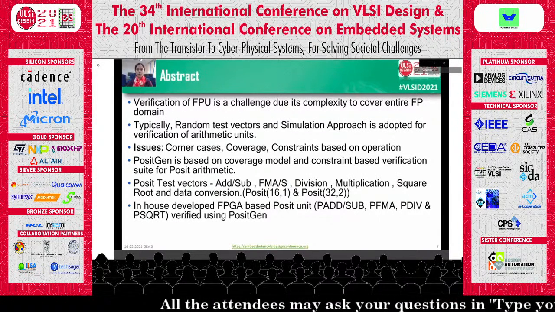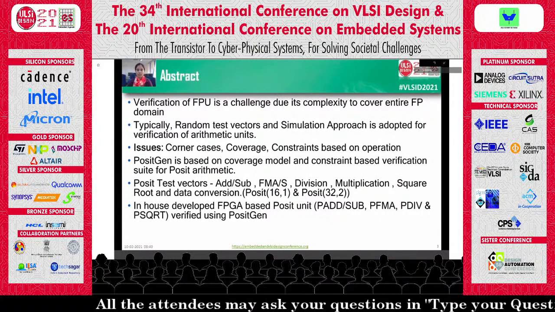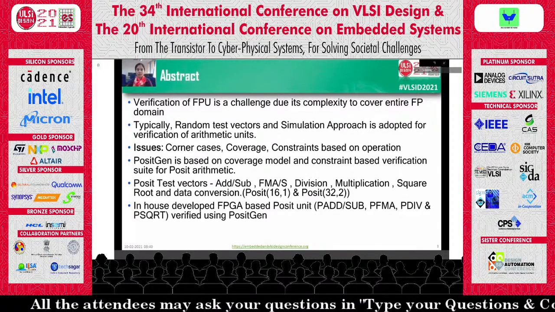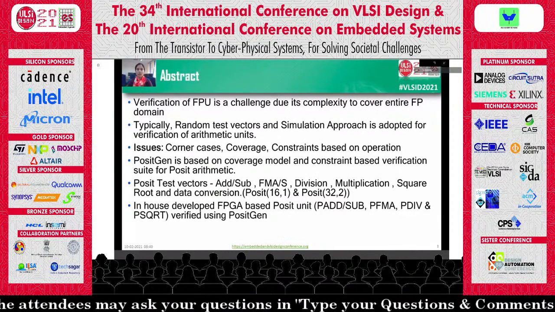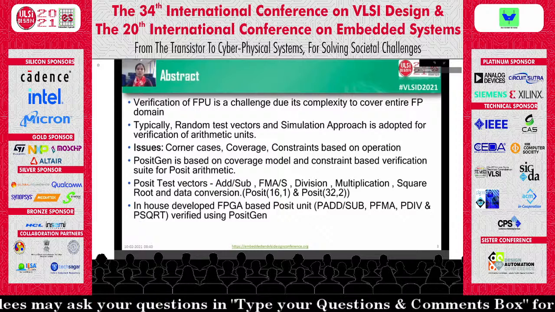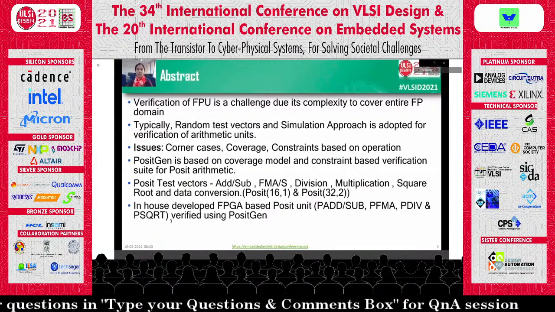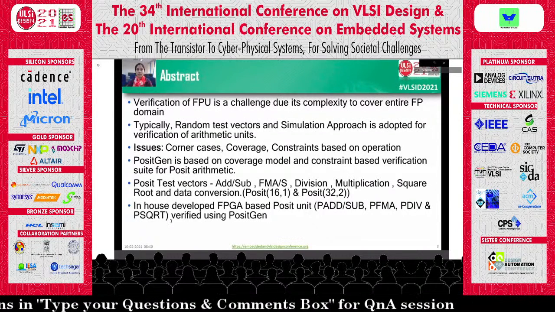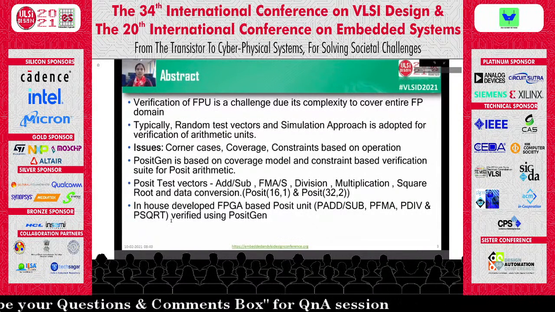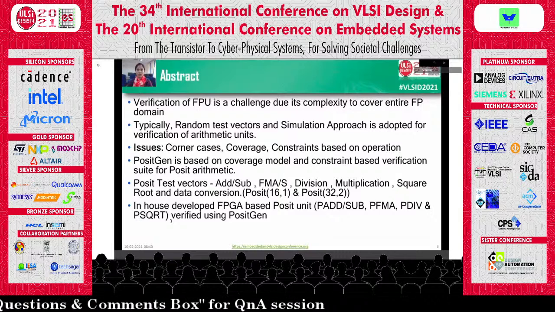Verification of a floating point unit is a challenge due to the complexity of covering the entire FP domain. This can be implemented by using random test vectors or a simulation-based approach. These approaches have issues like lack of coverage of corner cases and constraints based on operation. POSIT is a binary representation for real numbers and it has similar challenges.